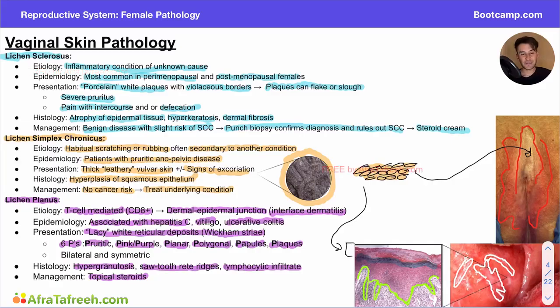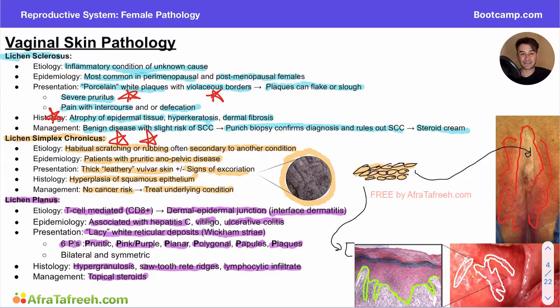So in terms of a high yield review, for our lichen sclerosus, it's important to recognize those white porcelain plaques with violaceous borders, and then knowing that it's a punch biopsy that helps you differentiate from squamous cell carcinoma. A normal punch biopsy just shows atrophy of epidermal tissue and hyperkeratosis with no evidence of dysplasia like we would expect in SCC. In terms of lichen simplex chronicus, it's all about scratching and rubbing, and this is going to be due to something underlying, like perhaps a fungal infection in the groin.